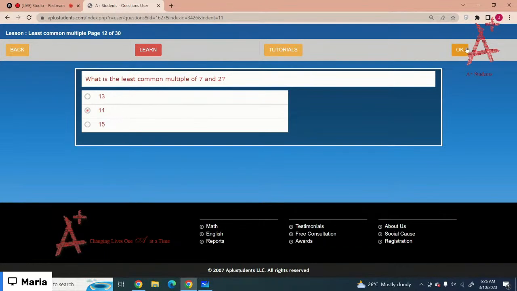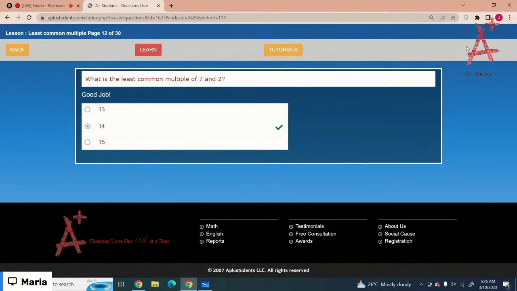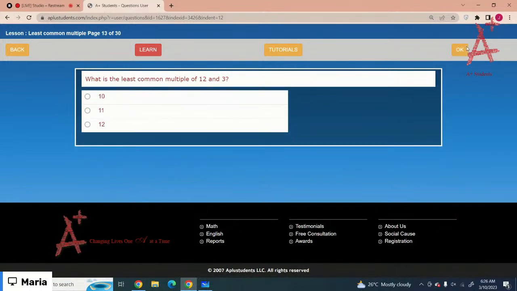So just select the correct option and click on the OK button. What is the least common multiple of 12 and 3? The least common multiple of 12 and 3 is, yes, it is 12.